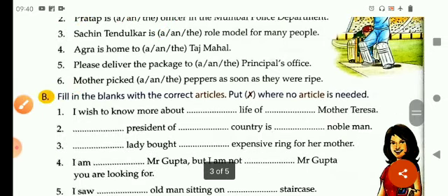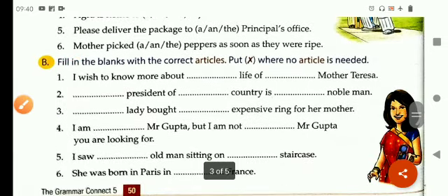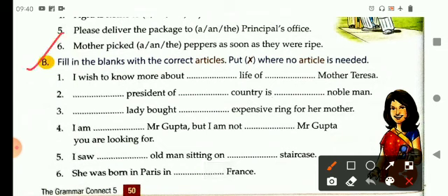Now come to the next exercise, that is fill in the blanks. You have to fill in the blanks with the correct article and put a cross where no article is needed. First one is, I wish to know more about the life of Mother Teresa. So here an article is not required.